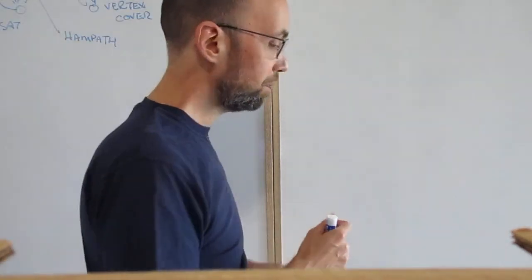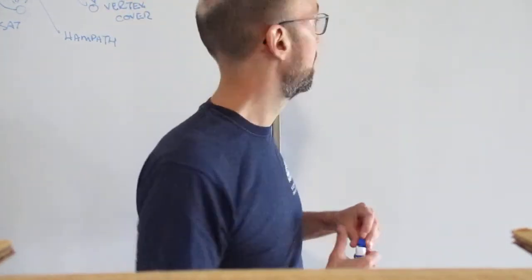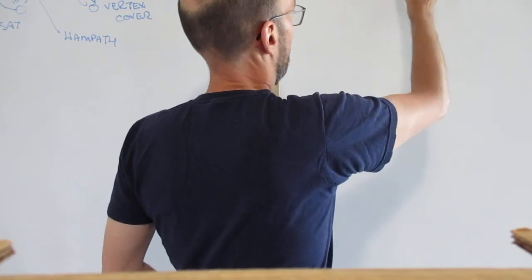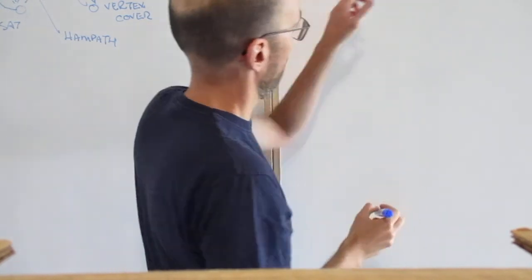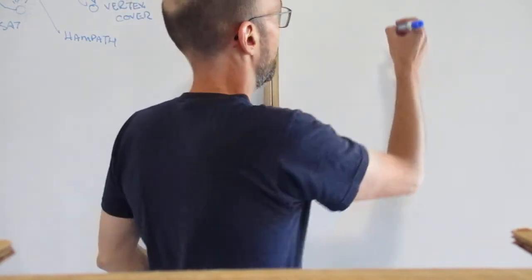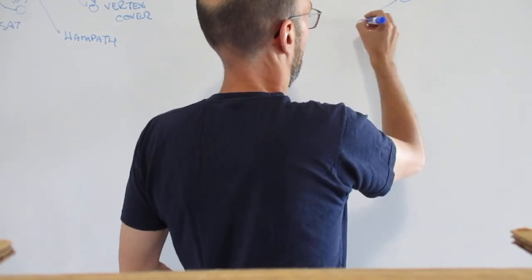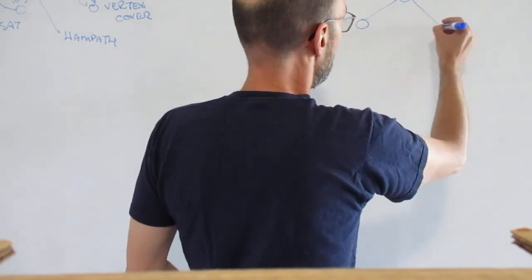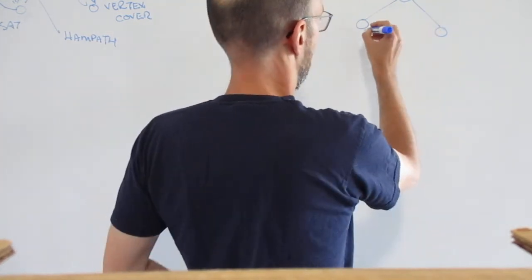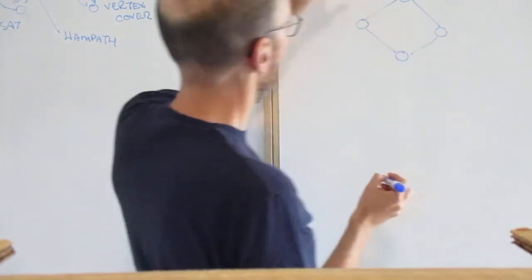Okay, so how are we going to do this reduction? Well, just to make it easy, we're going to put a start vertex here. Okay, so we're either going to have to start or end here. And then for each clause, we're going to have a sort of a diamond. So this is going to be for clause 1.